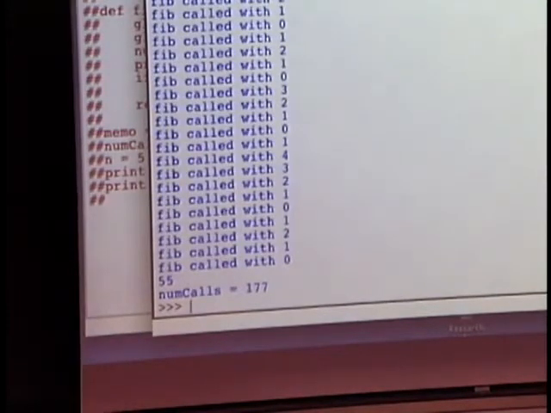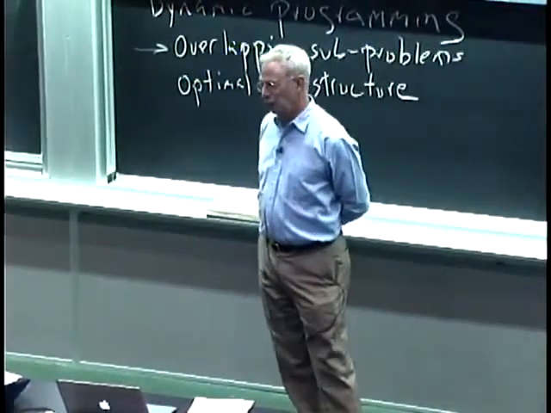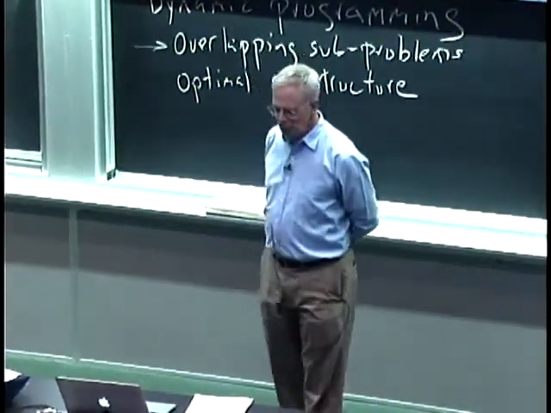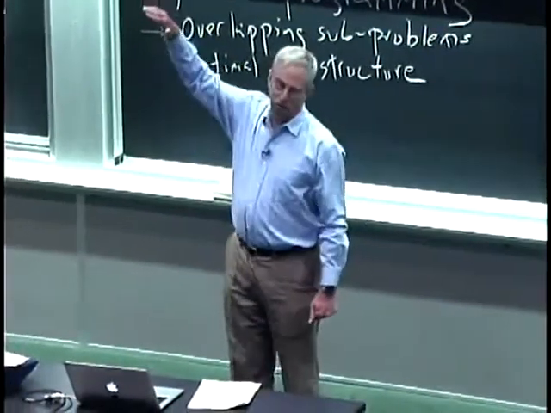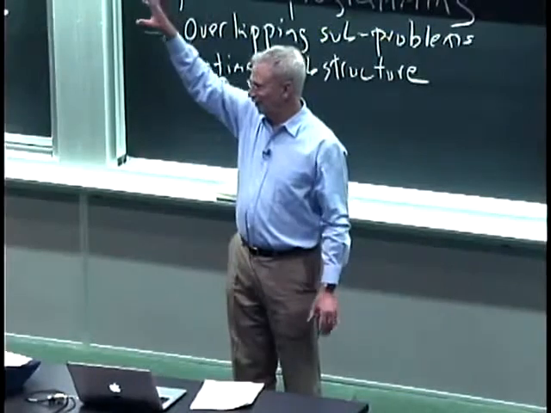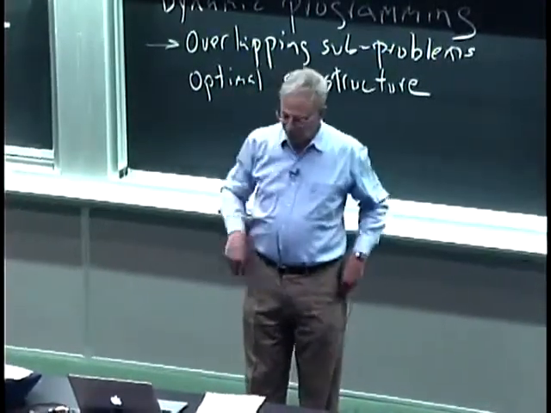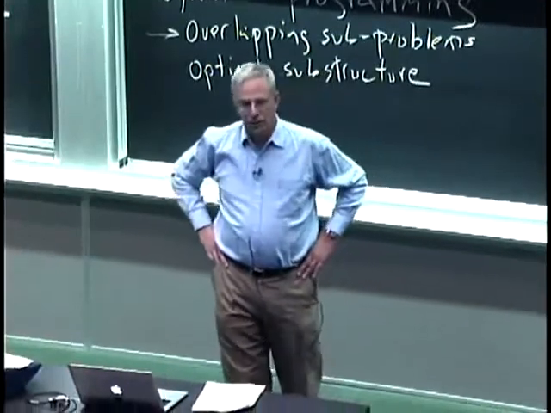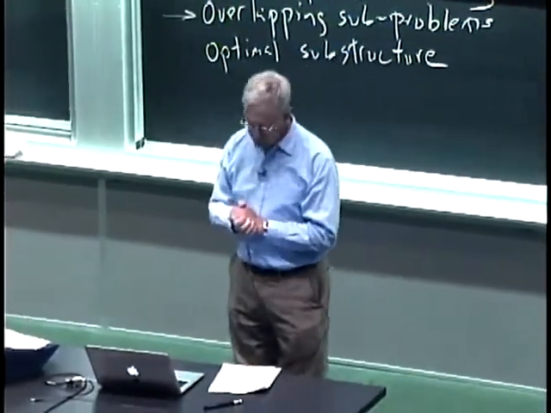Roughly speaking, the analysis of a recursive fib is actually quite complex, and I won't go through it. But what you can see is it is, in fact, exponential. But it's not 2 to the something. It's a more complicated thing. But it grows quite quickly, and the reason it does is because of this overlapping.